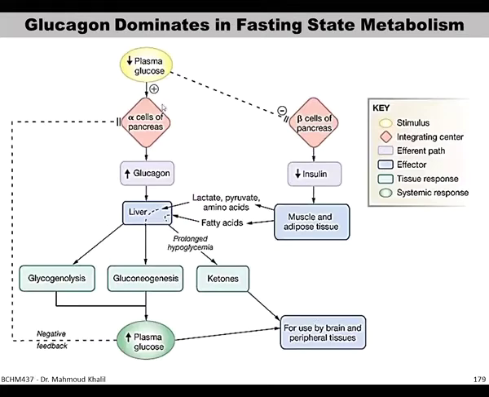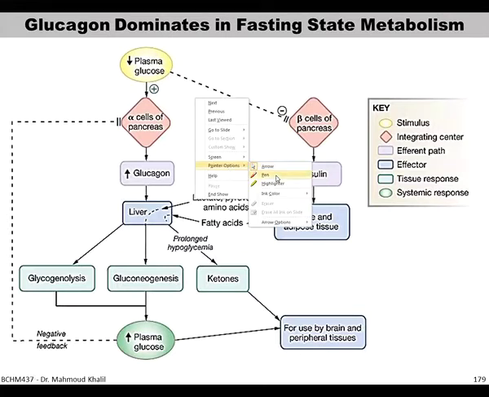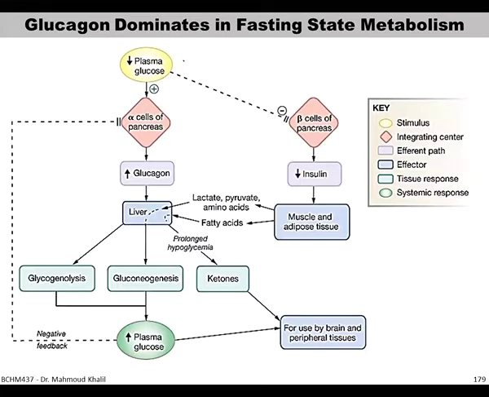So here you can see how glucagon dominates in the fasting state while we fast. You see here the dropping in the glucose level. Let's have a pointer. The dropping in the glucose level will promote the alpha cells of the pancreas to increase their secretion of glucagon.